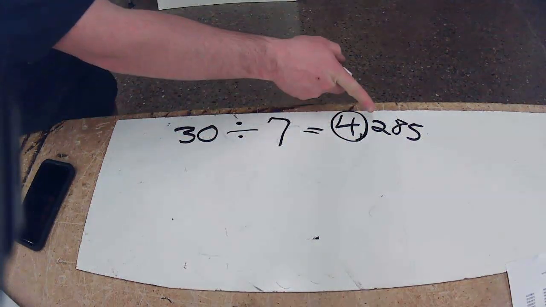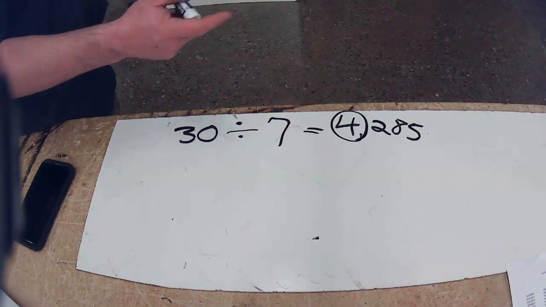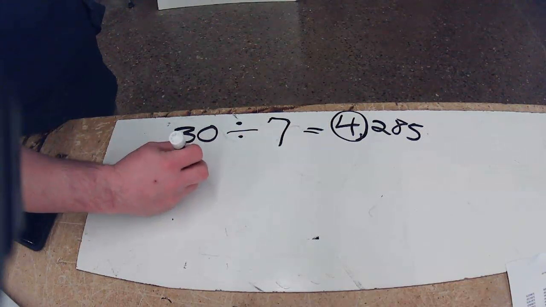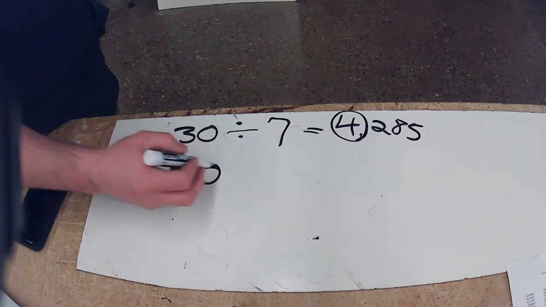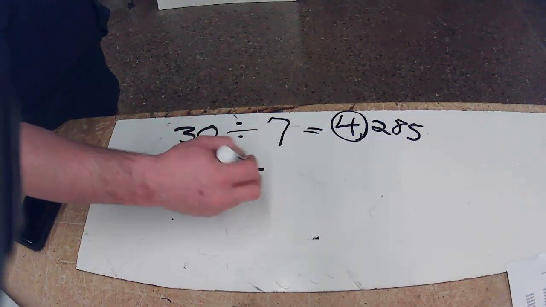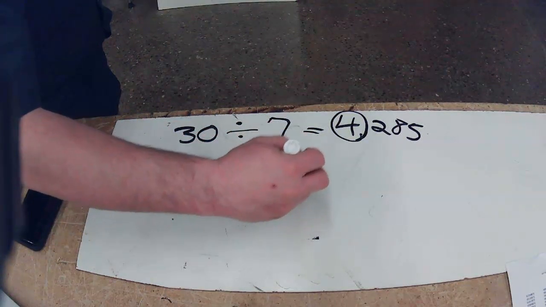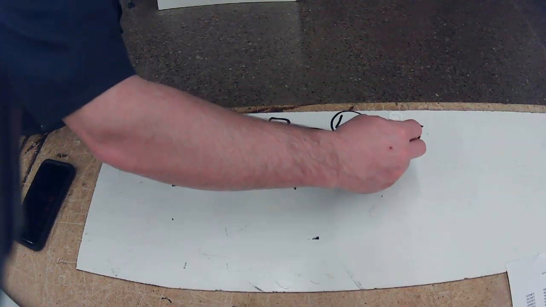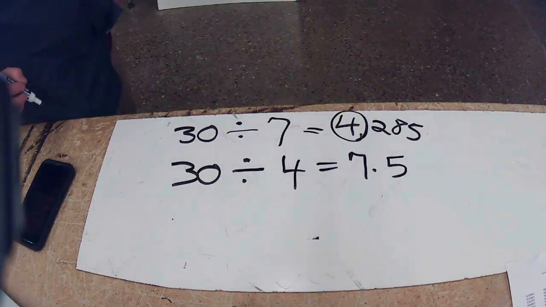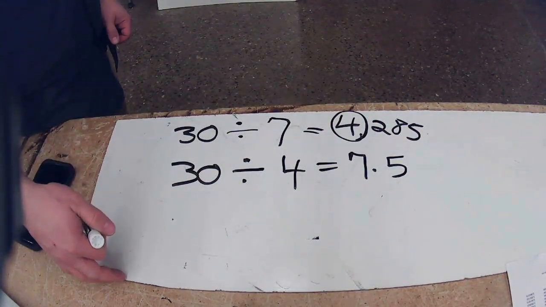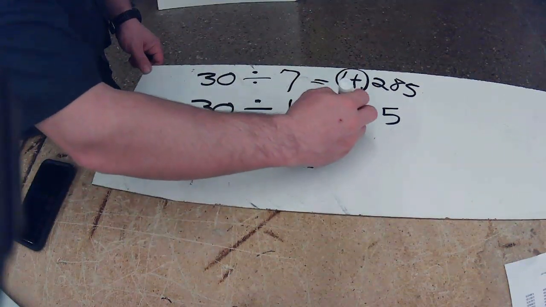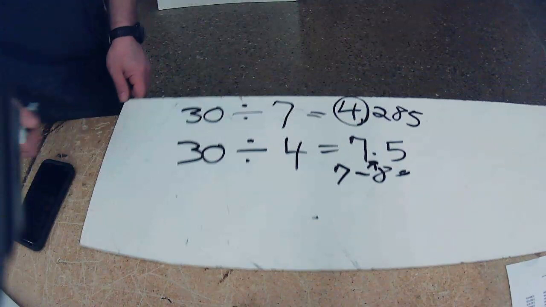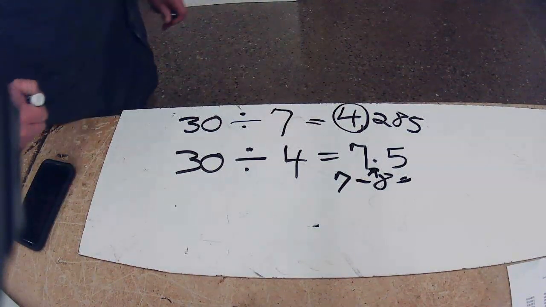If it was something like 7.785, then we would round up. So we take 30 divided by 4, and we got 7.5. Now our range has to be between 7 and 8 inches, and this is in our range, so that's good to go.